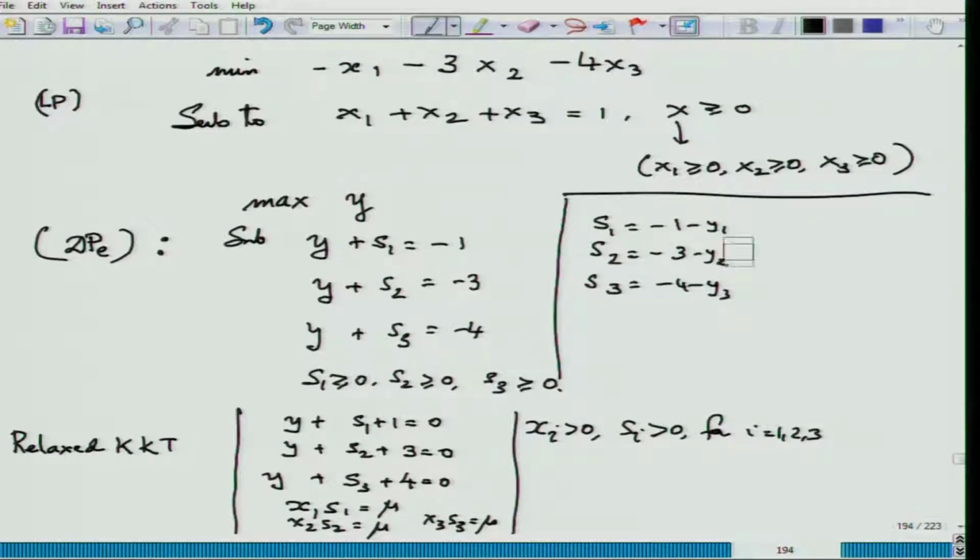No, sorry, I am making a very bad mistake. y is the same. There is only one y. This is what you have. So, all of these would imply that y is strictly less than minus 4. Now, from this set of equations x1 S1 equal to mu, x2 S2 equal to mu and x3 S3 equal to mu, I will get the following expression.